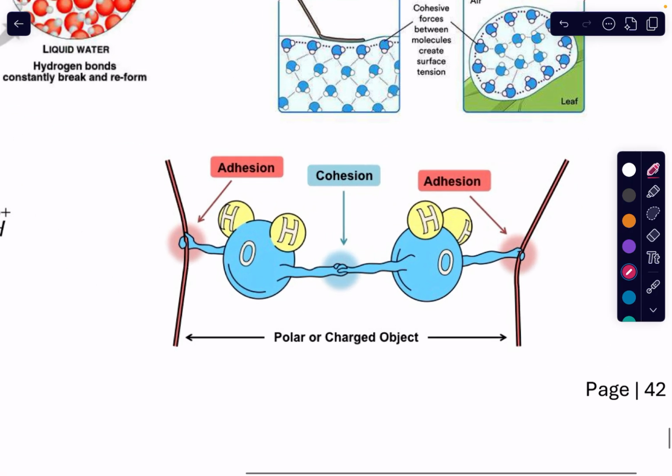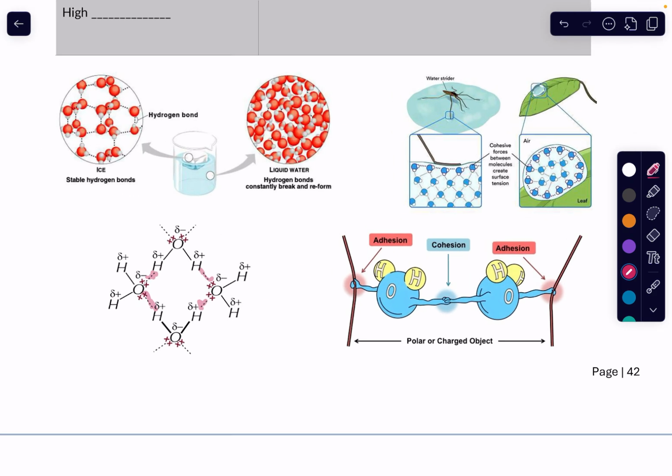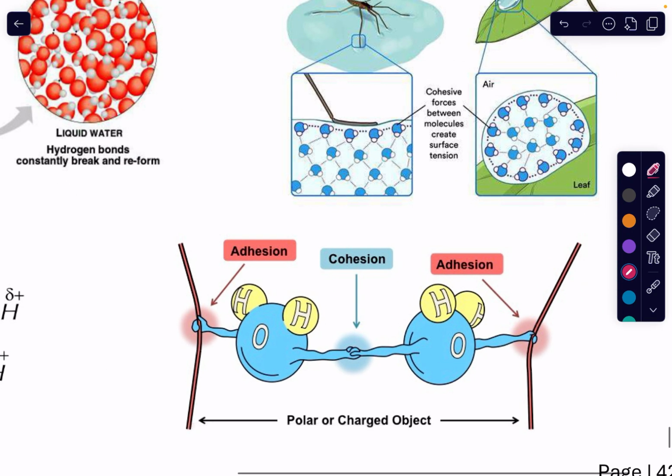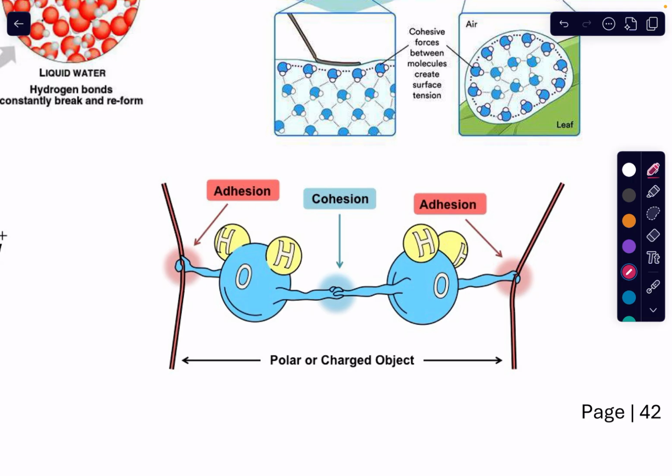Now, I also like this example because it explains the next point, which is a high surface tension. The high surface tension is due to these strong cohesive forces under really, really high tension. So if you imagine all the water molecules holding each other's hands using H bonding and temporary dipole-induced dipole forces and permanent dipole-dipole forces, they're all keeping themselves together.